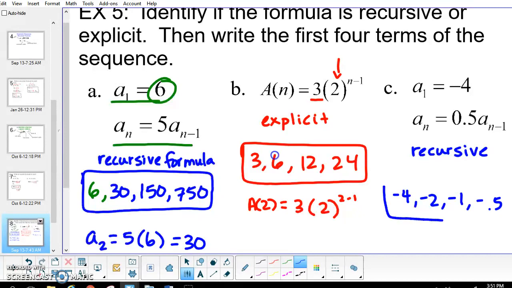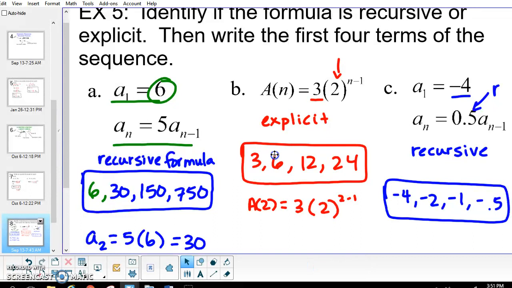Okay, so you should get -4, -2, -1, -0.5. So your first term is -4, and then your r is 0.5, or 1/2. You're multiplying by 1/2 every time. Then it will give you those first 4 numbers there.